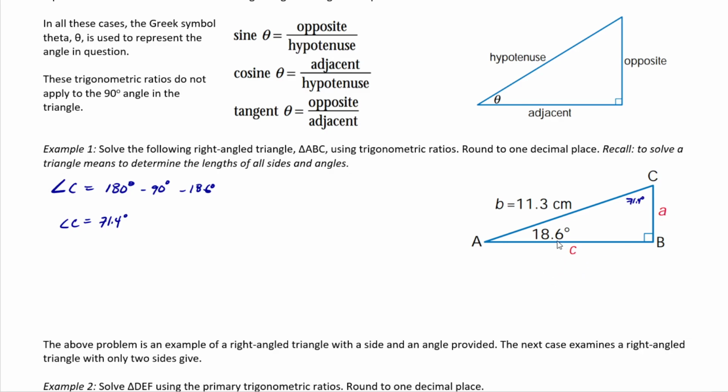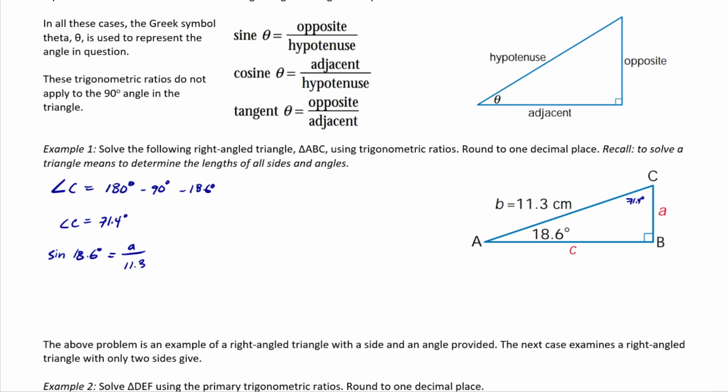I'm going to use the sine ratio here because sine of 18.6 is opposite over hypotenuse, as we see defined up here. So sine of 18.6 degrees is equal to the length of the opposite side, A, over the length of the hypotenuse, 11.3.